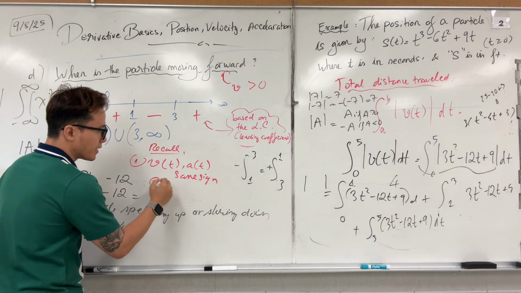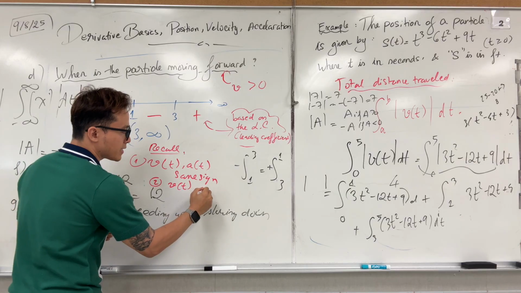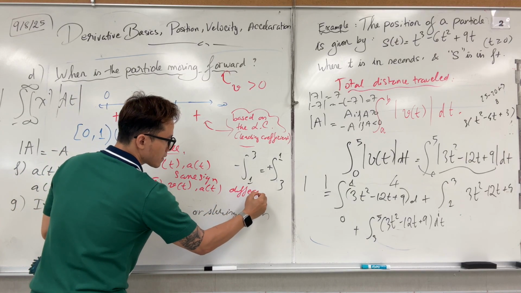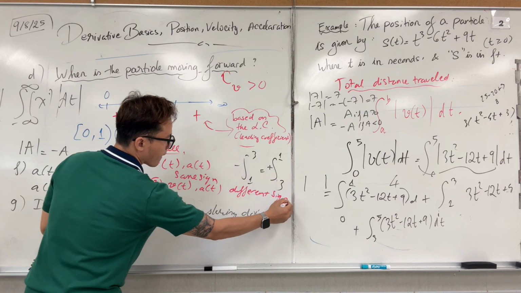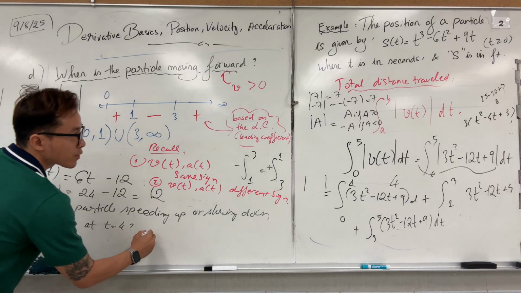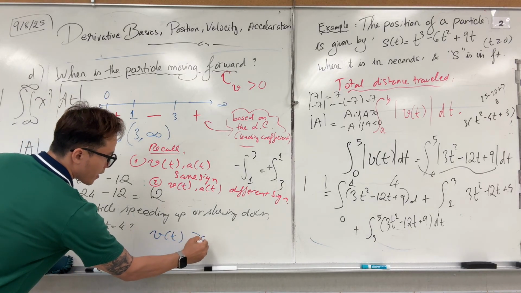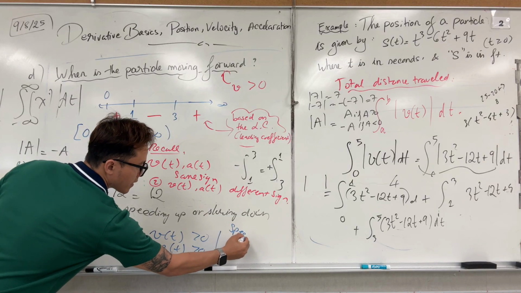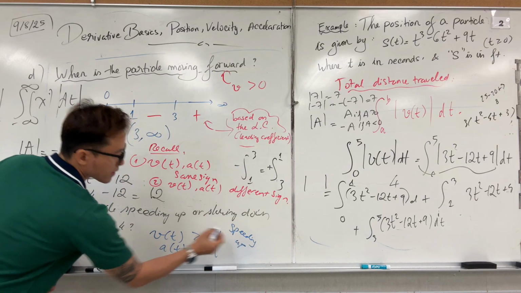And slowing down when v and a have different signs. So it's speeding up, right? v(t) is positive, right? Did we find it already? Yes, v(t) is positive, and a(t) we just found is also positive, so this is going to be speeding up. That's it. Oh, good, we made it.